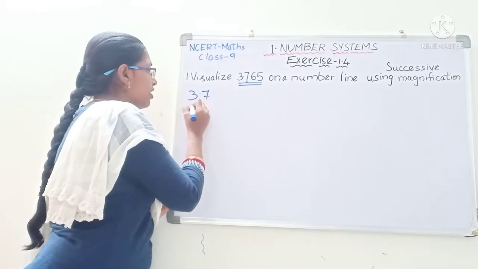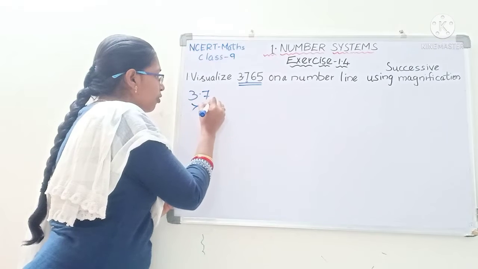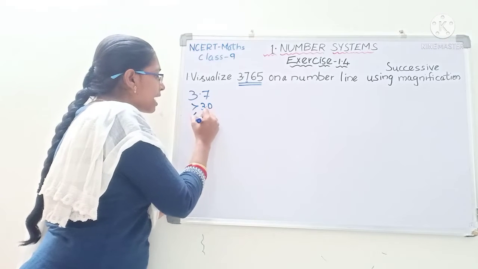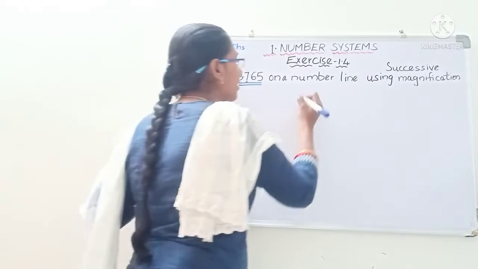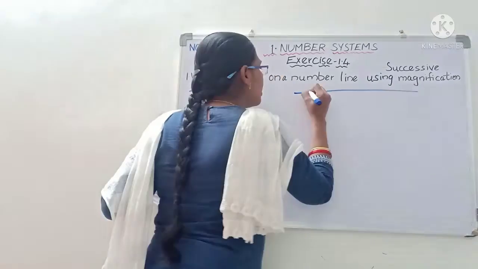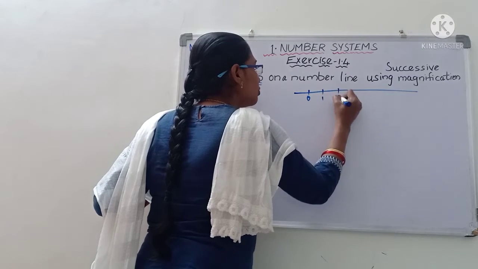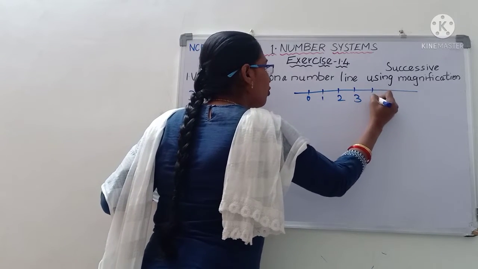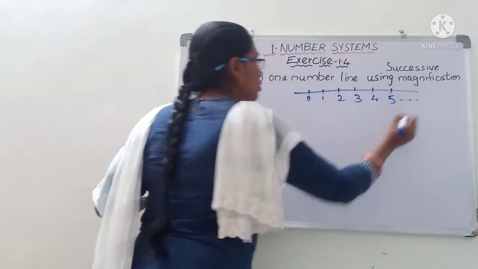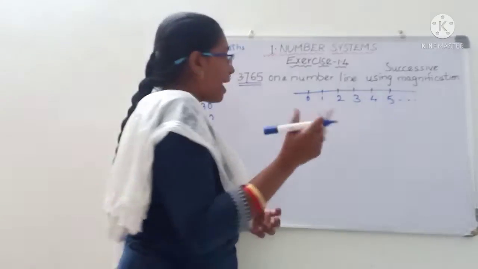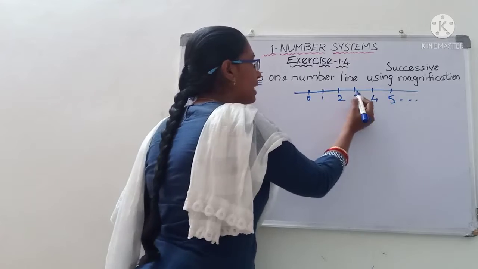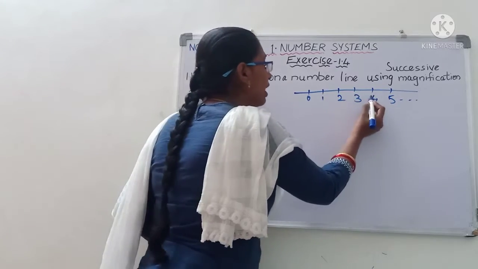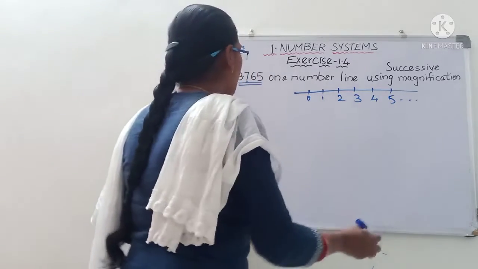You all know the number line, right? So 3.7 is greater than 3.0 and it is less than 4.0. So first number line: 0, 1, 2, 3, 4, 5 and so on. Assume that there is a magnifying glass and divide the line segment between 3 and 4 into 10 equal parts.